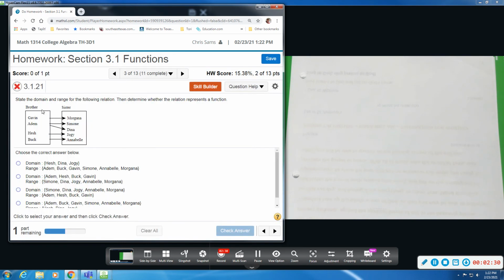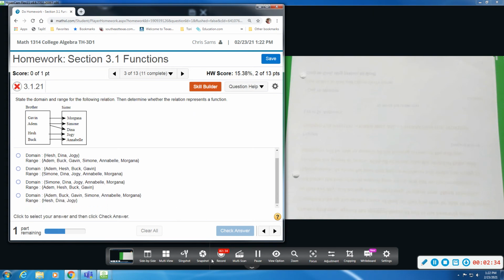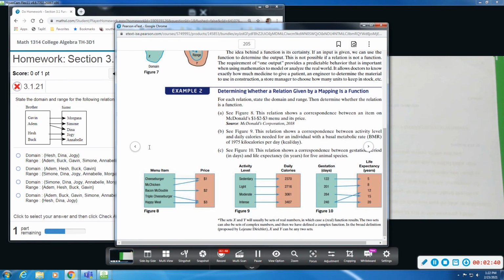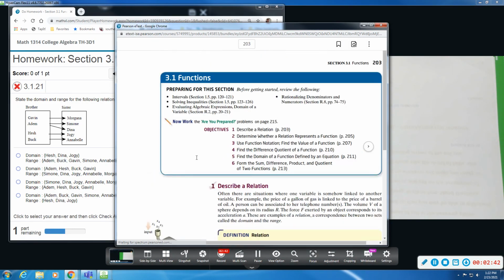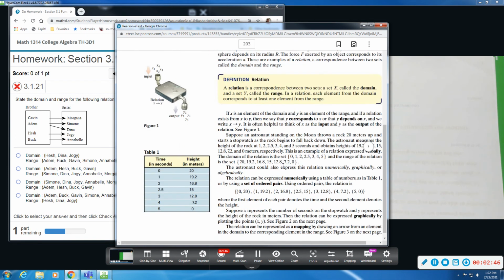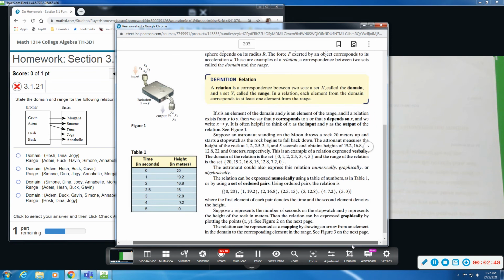Now, this next one, we want to state the domain and range. Again, if you go back to the first page of this text, there are several terms that correspond to domain or range. Let's look at a few of them.